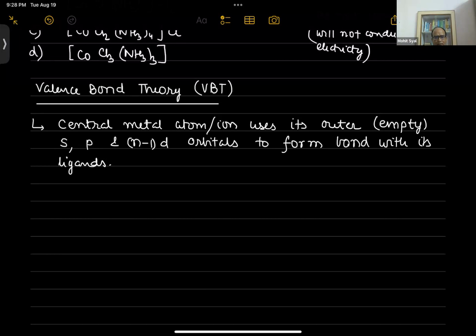Are you getting my point? So these empty orbitals and the filled lone pairs overlap with each other, and that's how coordinate covalent bonds are formed between the central metal atom or ion and its ligands. Is it clear or not? Just first try to figure out.